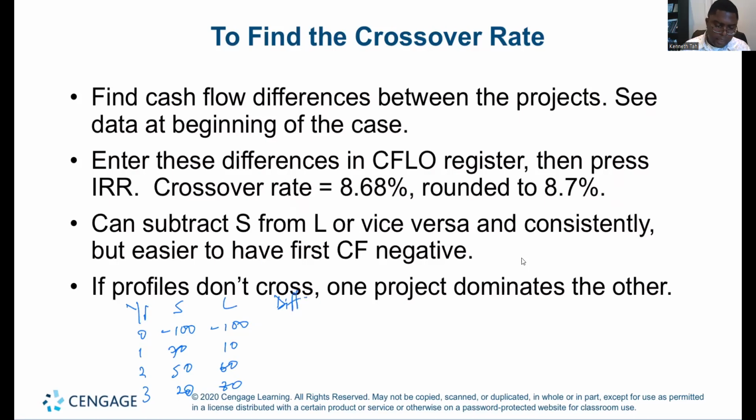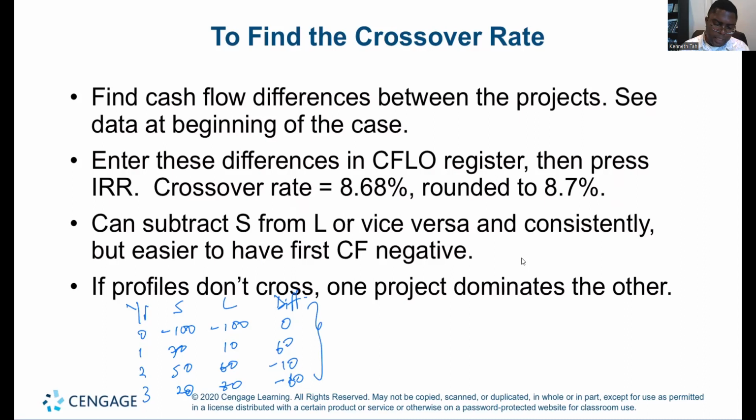For us to calculate the difference, we take minus 100 minus minus 100, that is going to be 0. We take 70 minus 10, this is going to be 60. We take 50 minus 60, this is minus 10. We take 20 minus 80, this is minus 60. And then we compute the internal rate of return.